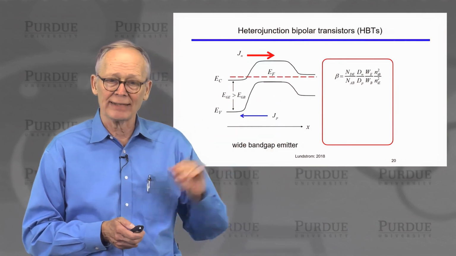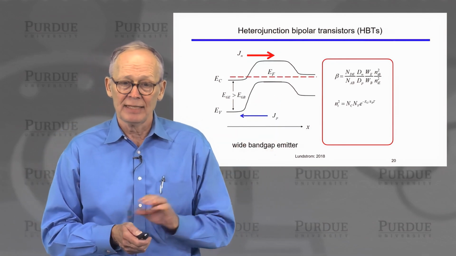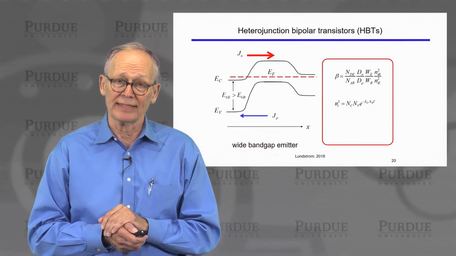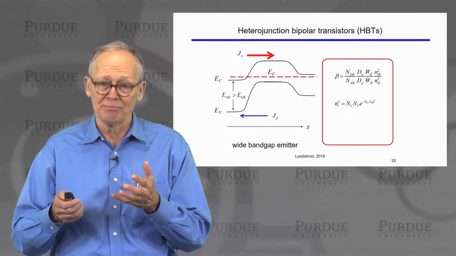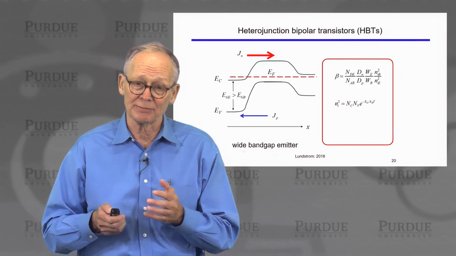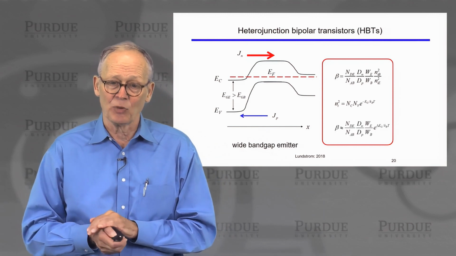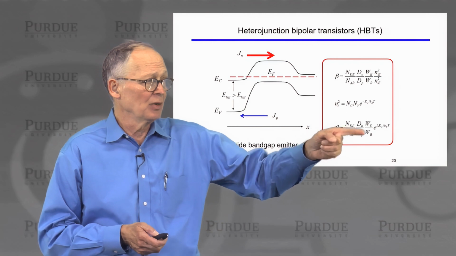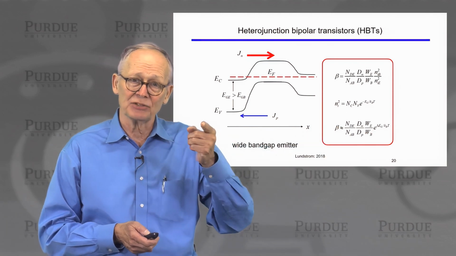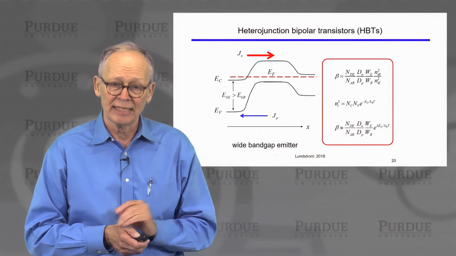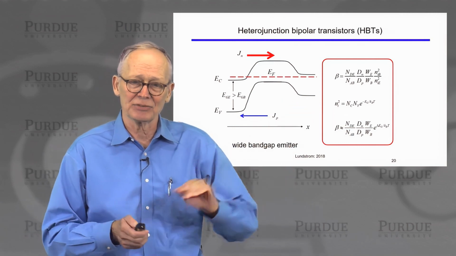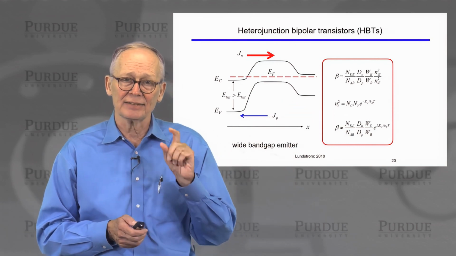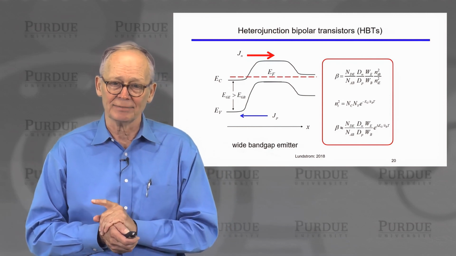If we use a wide bandgap emitter, then recalling that the intrinsic carrier concentration squared goes as e to the minus bandgap over kT, we have the ratio of the intrinsic carrier concentration squared, assuming that the effective densities of states are about the same, giving us an e to the difference in bandgap over kT.